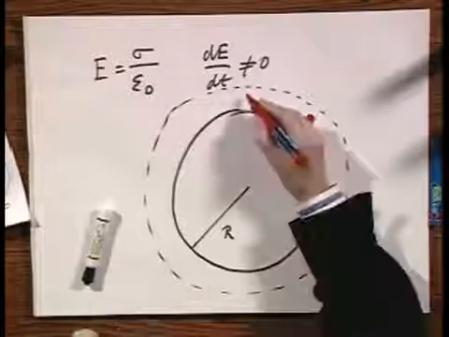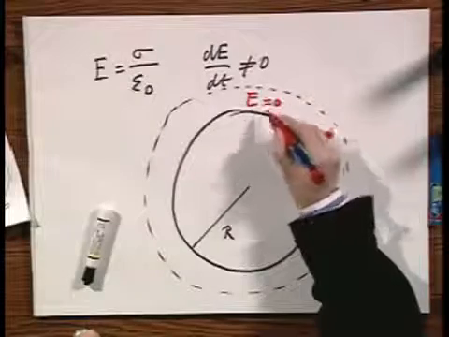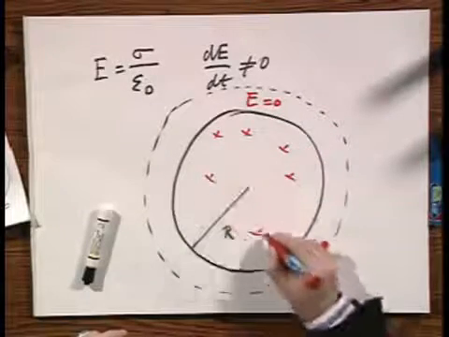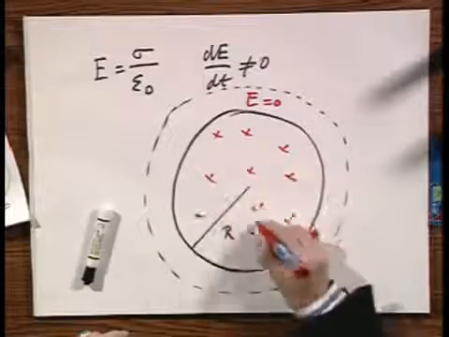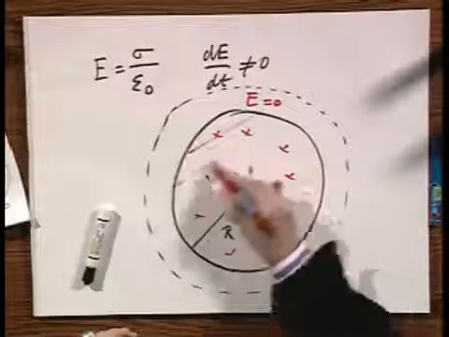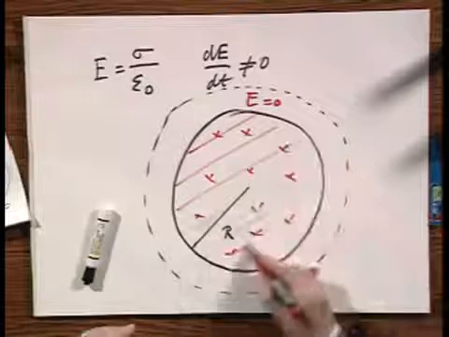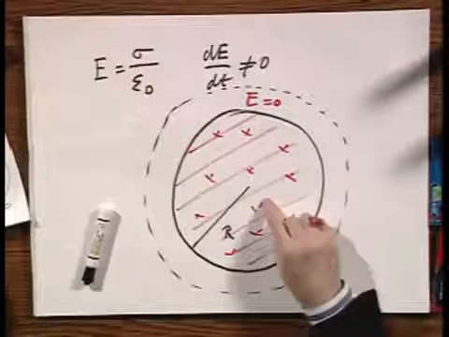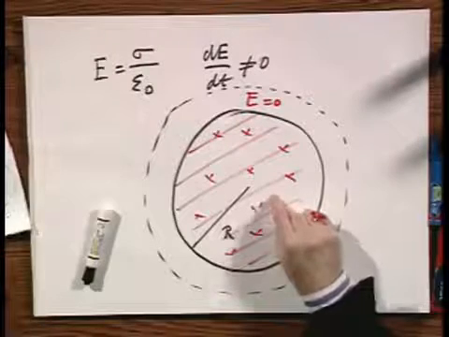And outside the capacitor plates, E equals 0. And inside the capacitor plates, if I look from right to left, I see a constant but growing E field. And this now is my flat surface. And there is no conduction current going through here.